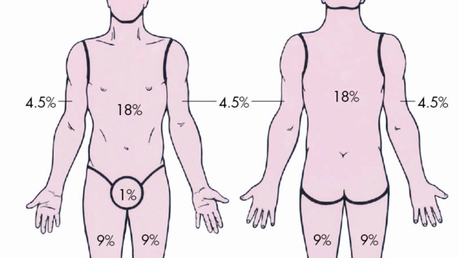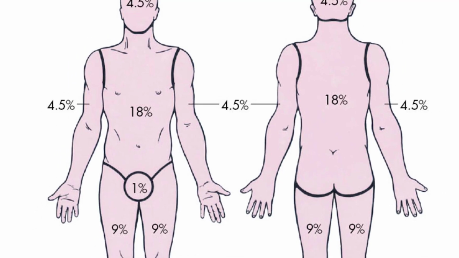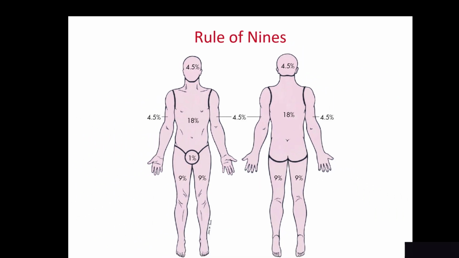So you could divide the top and bottom into 9 and 9 if you want. And if you're keeping up with the math, that's a total of 99%, so the remaining 1% is for the genitalia. This rule of 9s, as seen here, is for adult patients, and in children, the numbers are modified a bit to account for their different body proportions.